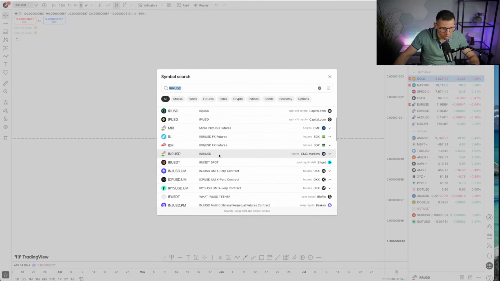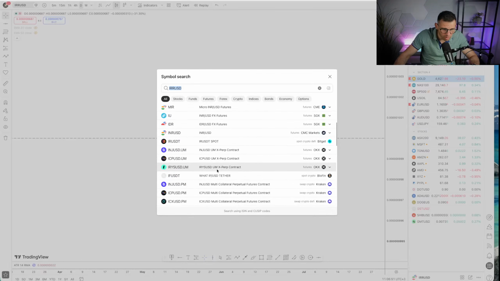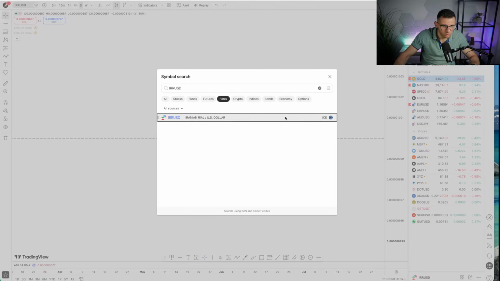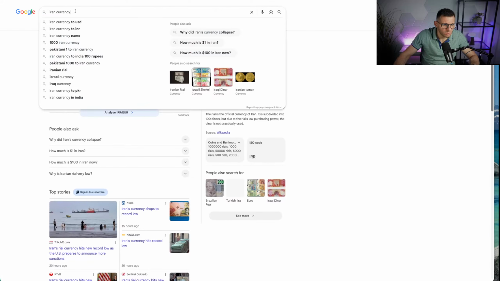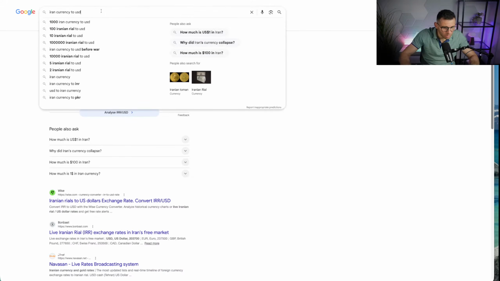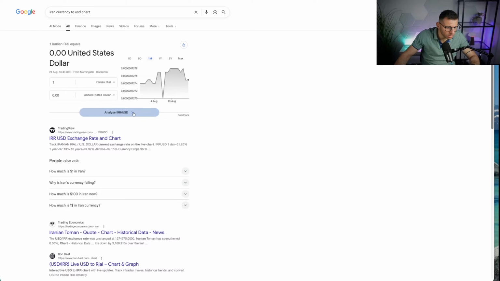Iran's rial to US dollar. Let's see. Now that's Indonesian, isn't it? We need to see Forex, Iran's currency to US dollar chart.